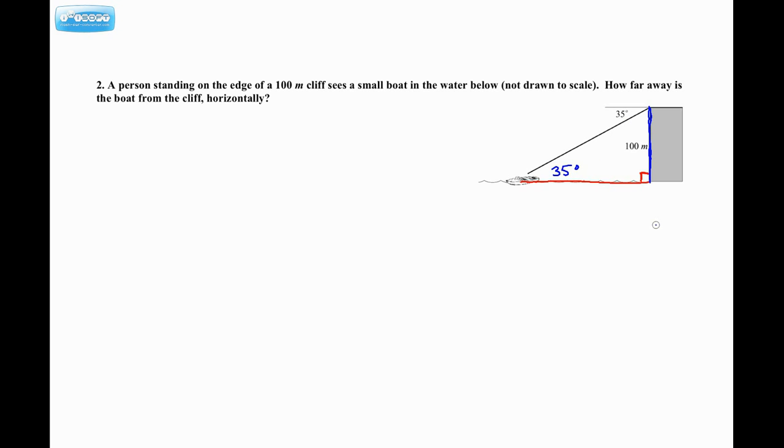All right. So we can see now that we have a right triangle, and we need to figure out this distance, which I'll call d. And we can use the tangent ratio for that. So the tangent of 35 degrees is equal to the opposite, which is 100, divided by the adjacent, which is d.